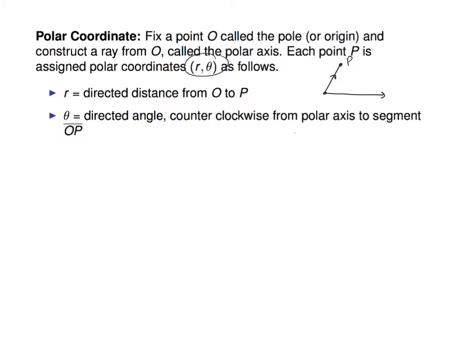If my point was down here, away would be down. Yeah, r is distance. And then theta is the angle, measured the normal way that angles are, counterclockwise, right? Yes? Okay. And so theta is that directed angle counterclockwise from the polar axis to that segment. So that's the basic idea of what a polar point is. Okay, it's a distance and so r theta, it's a distance away from the origin and an angle.